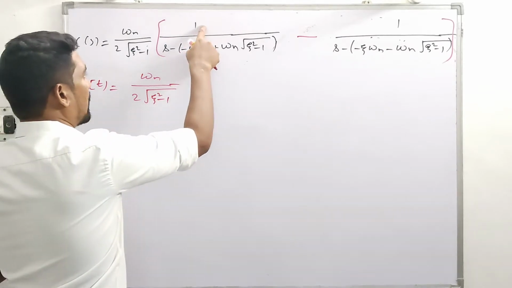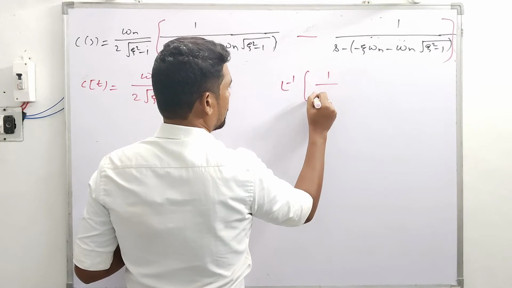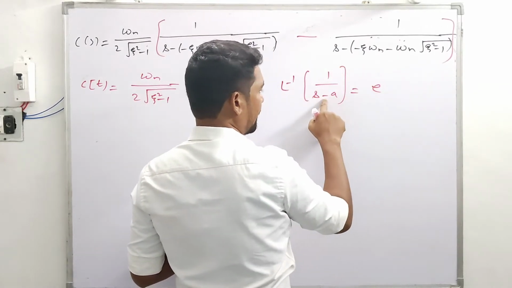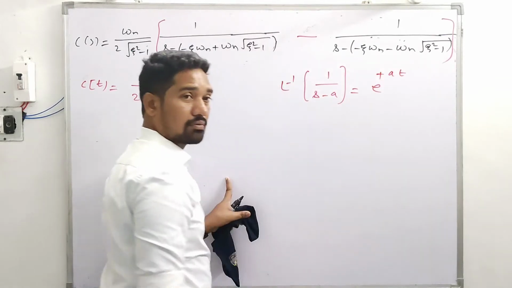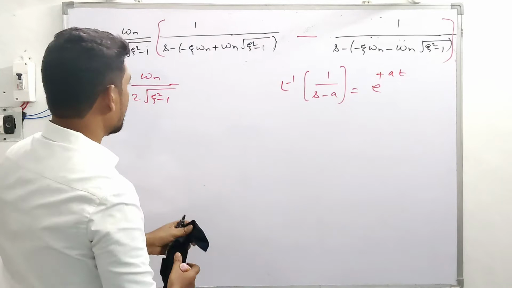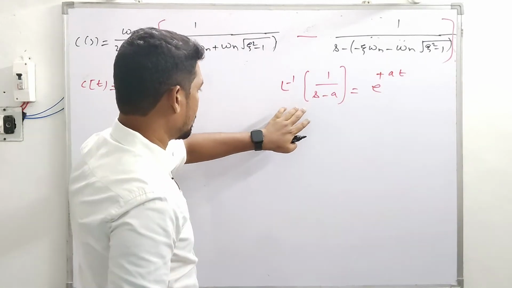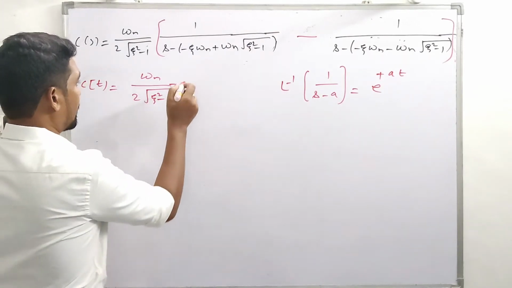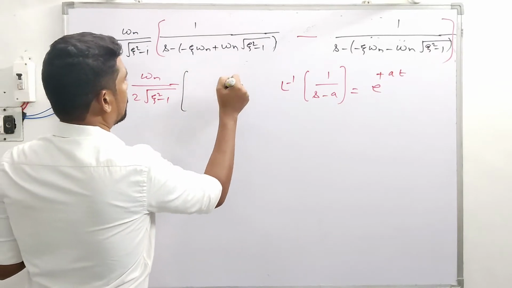All right, 1 upon s minus a, the inverse Laplace transform of 1 upon s minus a will result in e power a into t, the inverse Laplace transform standard. So this was the thing I asked. It's a minimum requirement, the knowledge to go ahead with the analysis. All right, so that will be, and this can be reduced to what?